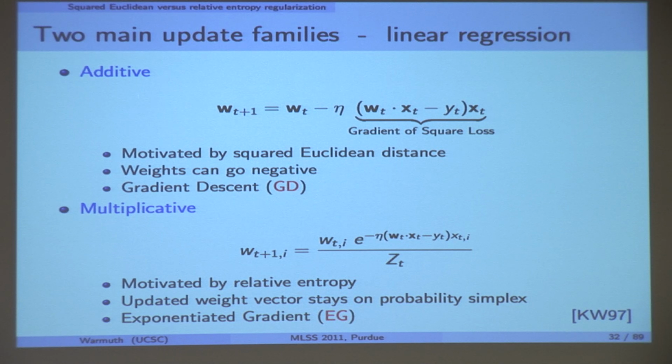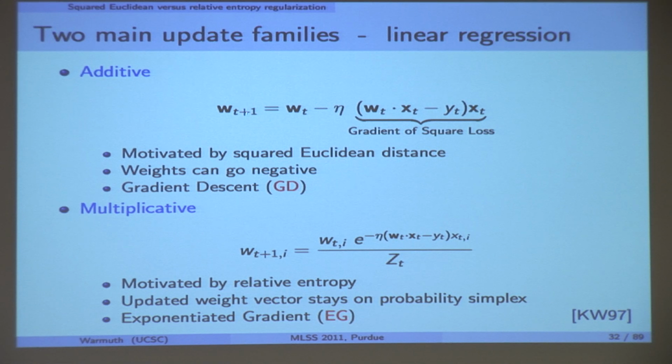Yes? Can you give a bit of intuition about why you would choose multiplicative updates? Because the additive one is quite natural in terms of ranking, in terms of gradient. You take a step in the space. They have different properties. Long story. This one works well when the instances are orthogonal.